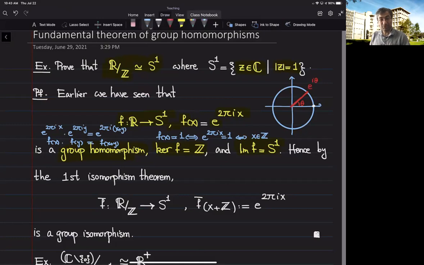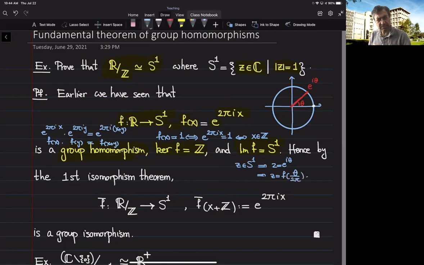That means x should be an integer. So this gives us that the kernel of f equals Z. And this picture shows us that indeed it is surjective, because for everything that I give you, every z inside S1, z is of the form e to the power i theta for some theta, and that implies that z is f of theta divided by 2 pi.